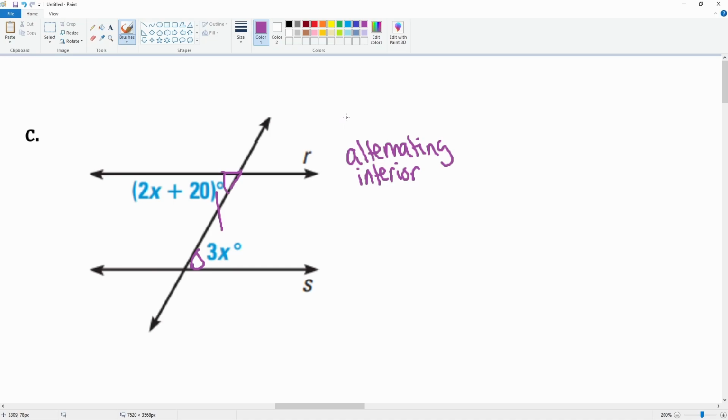Because we're trying to prove parallel lines, we write converse. The converse of the alternate interior angles theorem states that if these two angles are congruent, so if 2x plus 20 is equal to 3x, then line R is parallel to S.